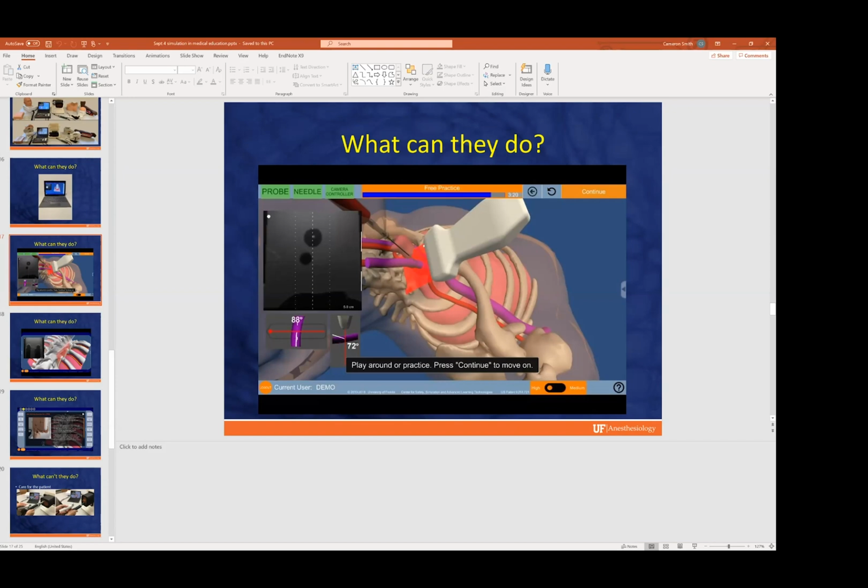If they have an ultrasound, they can use the platform that you already have, and then partner with our department or university. And that may be a venue for clinical application and further development.